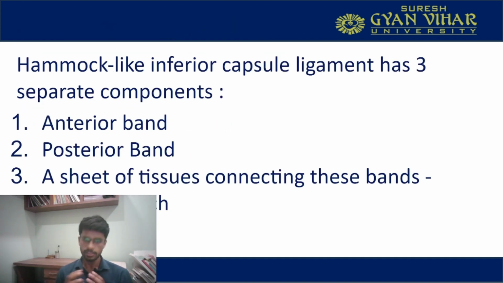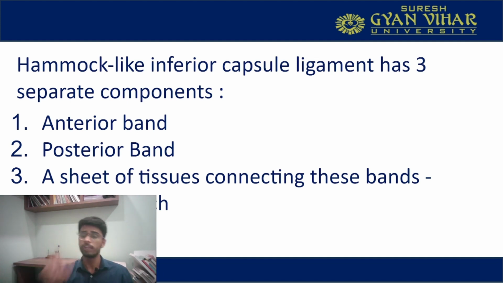Now there is a concept about the hammock-like inferior capsule ligament. This inferior capsule is actually like a hammock. A hammock is like a sling which we attach between two trees. So imagine there is an anterior band on the anterior side and a posterior band on the posterior side. There is a sheet of tissue which connects these bands, and this sheet of tissue is nothing but your axillary pouch.